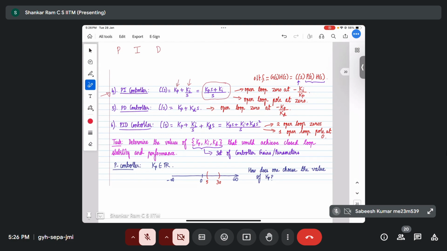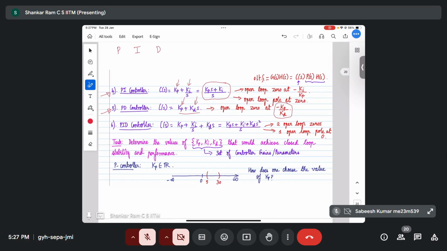Then we can add P and D. In this case, the proportional component gives the transfer function Kp, and the derivative component gives the transfer function Kds. So immediately we can see that we have an open loop zero at minus Kp by Kd. That's what happens with PD control.